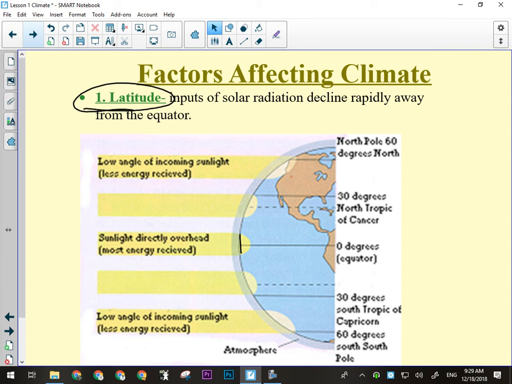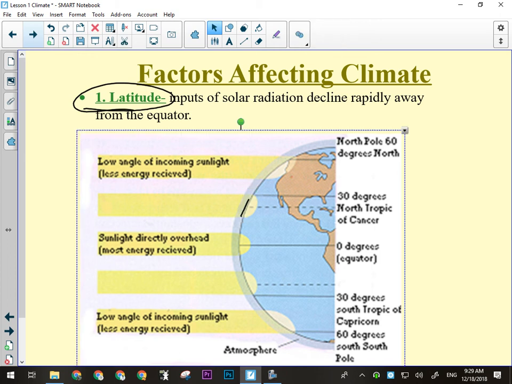As we move away from the equator, because the Earth is curved, that amount of solar radiation spreads out over a larger area. When I drew this black line down here at the equator, it covered the entire area. Now it's short. So that same amount of sun is hitting a larger area and is, as a result, less intense.